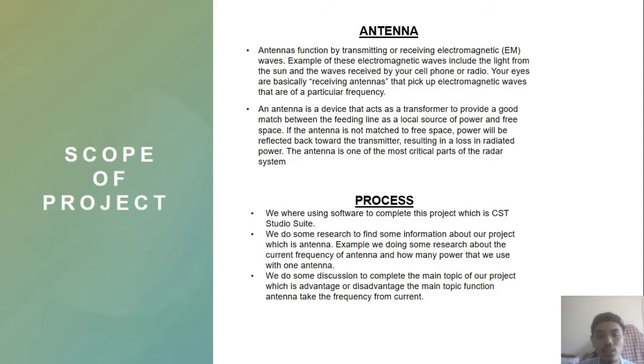Lastly, we do some discussion to complete the main topic of our project, which is the advantage or disadvantage of the main topic, the function of antenna to take the frequency from the current. So this is from me. Thank you.